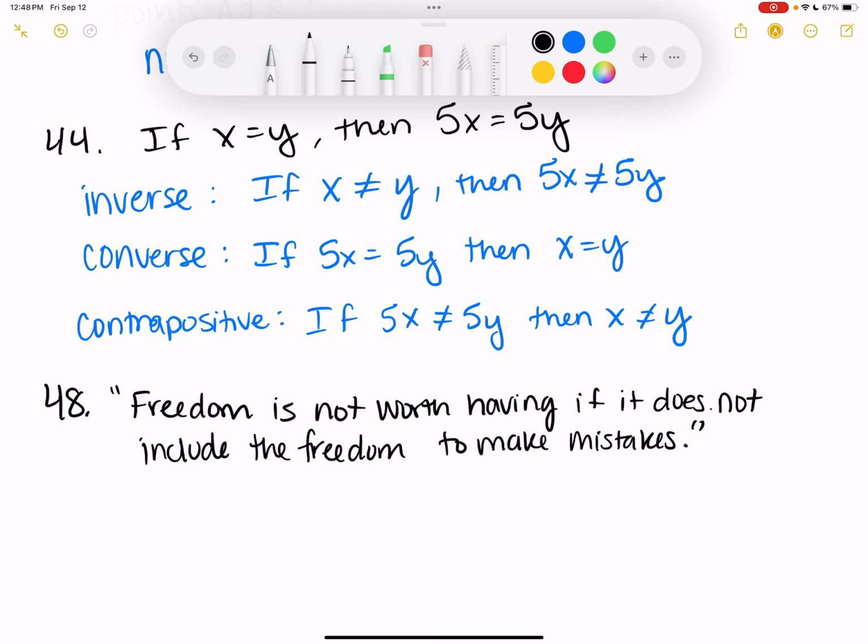So I need to rewrite this as an if-then statement.